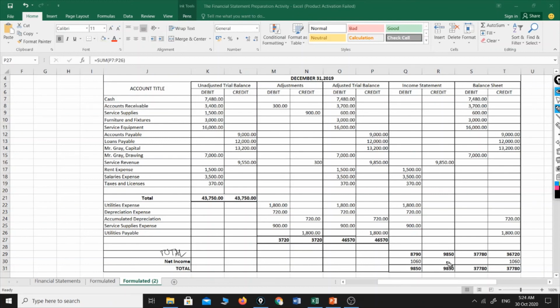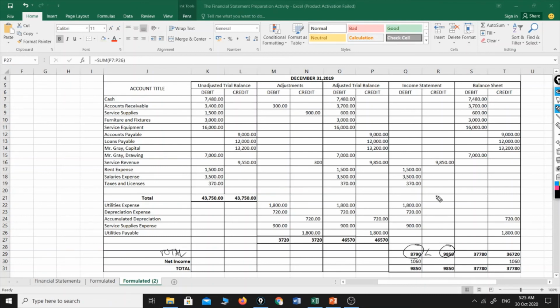Okay, so you will know if the company has income if, under the income statement section, its credit column is higher compared to its debit column. Therefore, the company has an income, meaning the company gained.